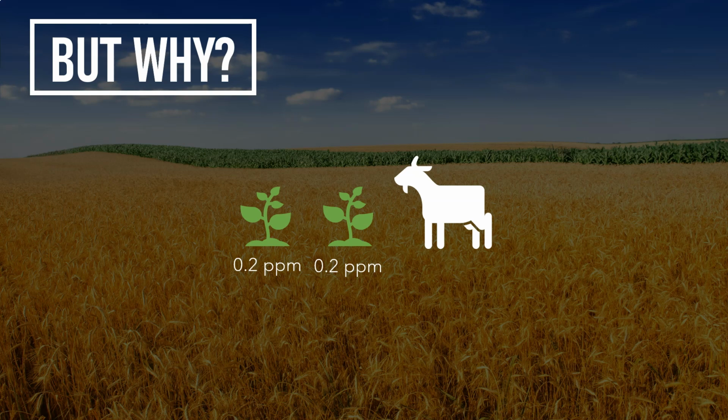And so that accumulates 2 plants at 0.2 ppm each to a concentrate of 0.4 parts per million in the goat. And the tiger, which is at the pinnacle or the apex of the trophic level triangle, would have to eat 2 goats to meet its energy demands or nutritional demands. So that accumulates to 0.4 plus 0.4, and the tiger has a concentrate of 0.8 parts per million.